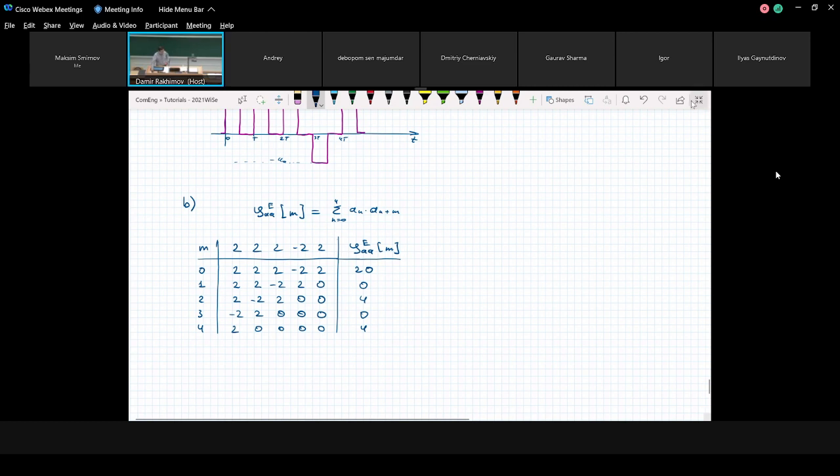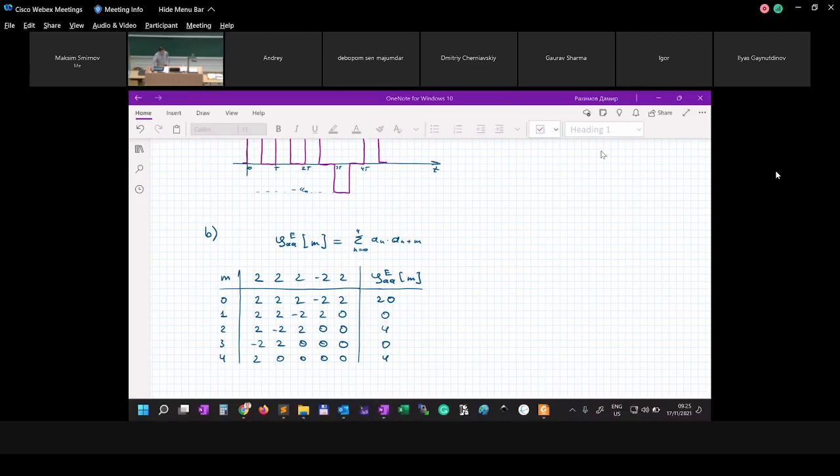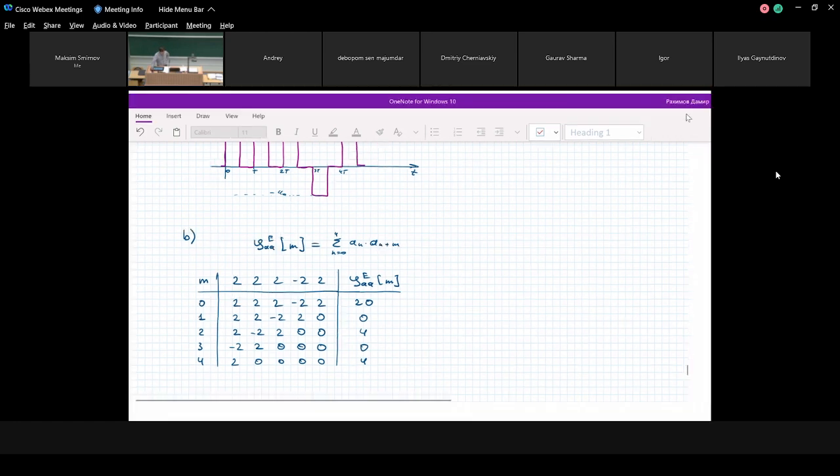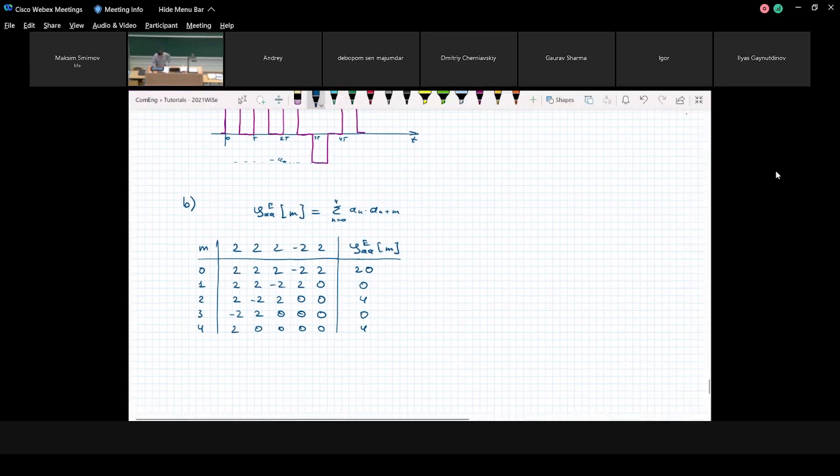Question? Yeah, the question is how we calculate it. The idea was the following: on top of this table, you have the original sequence. What we do is calculate the element-wise product between our original sequence and a shifted copy.